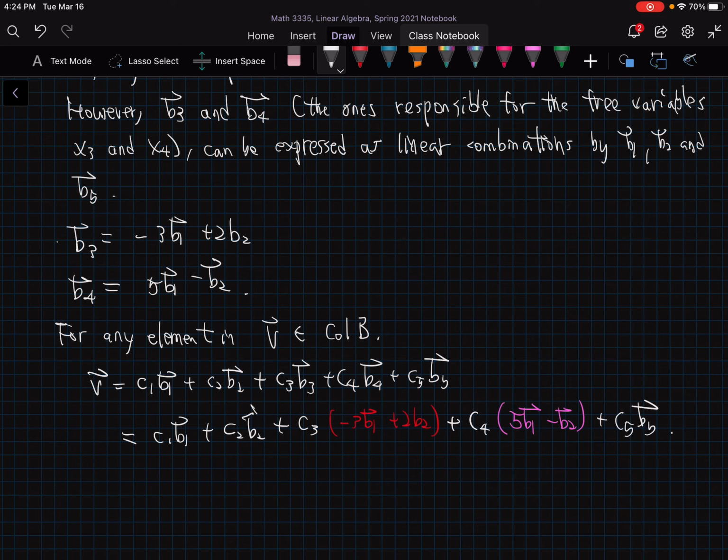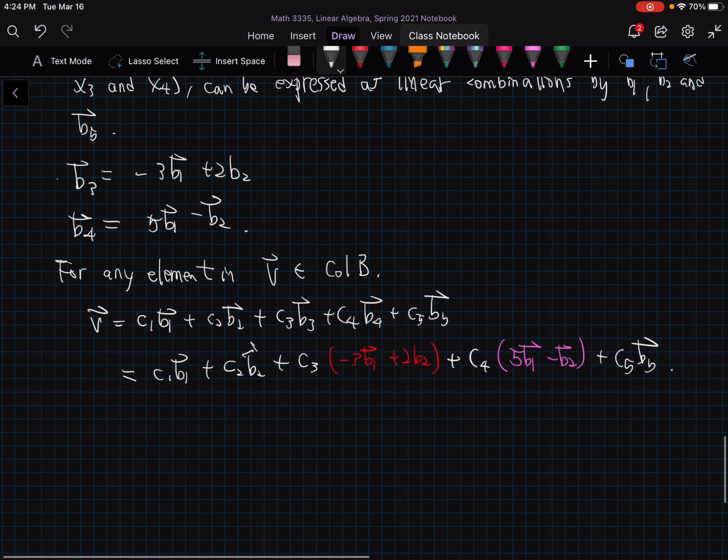As you can see, any element in the column space of B, which is a linear combination of all 5 columns, can be expressed as a linear combination only involving B1, B2, and B5.